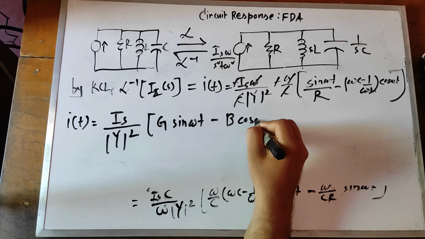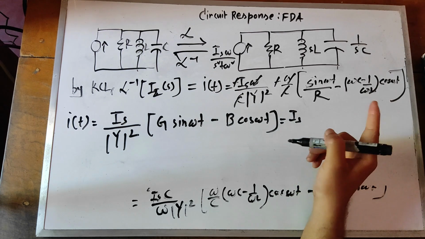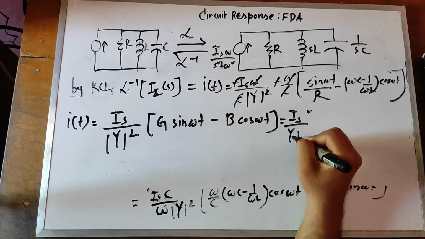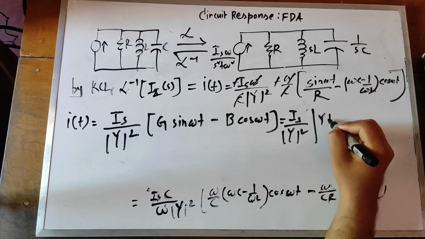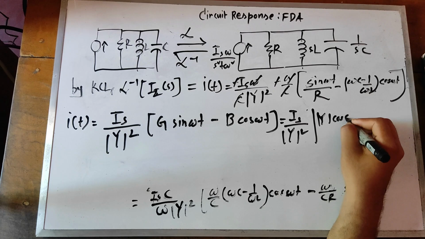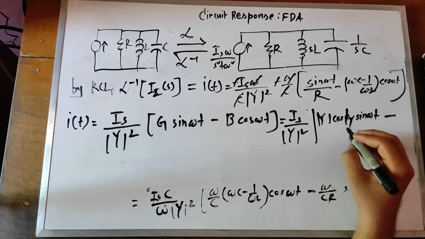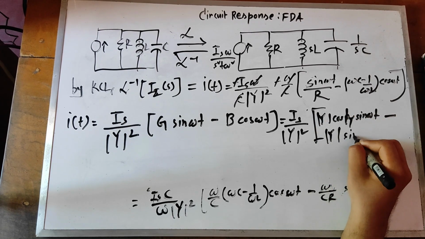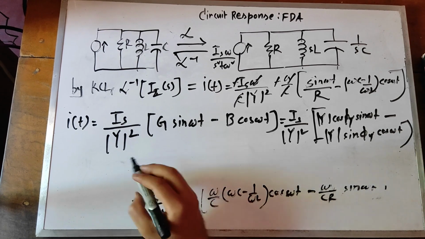minus susceptance cos omega t. Then if I take the common out, let us first write this, so g is y cos phi y, sine omega t minus magnitude sine phi y cos omega t.